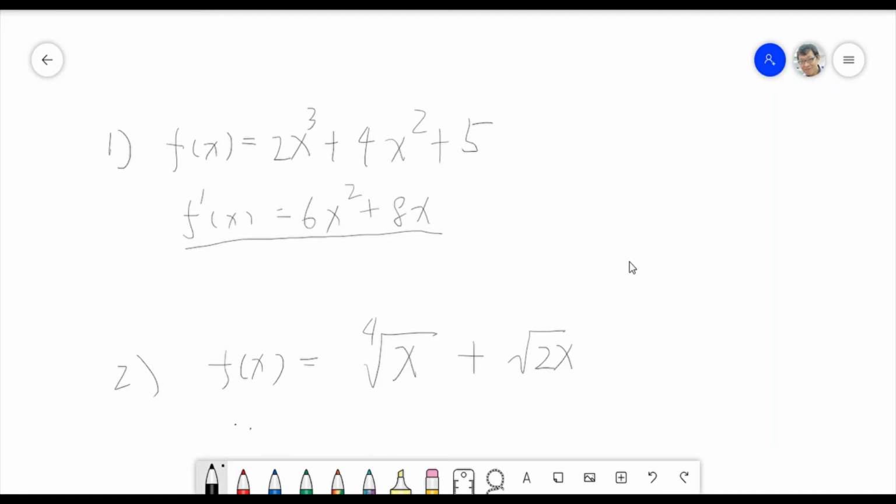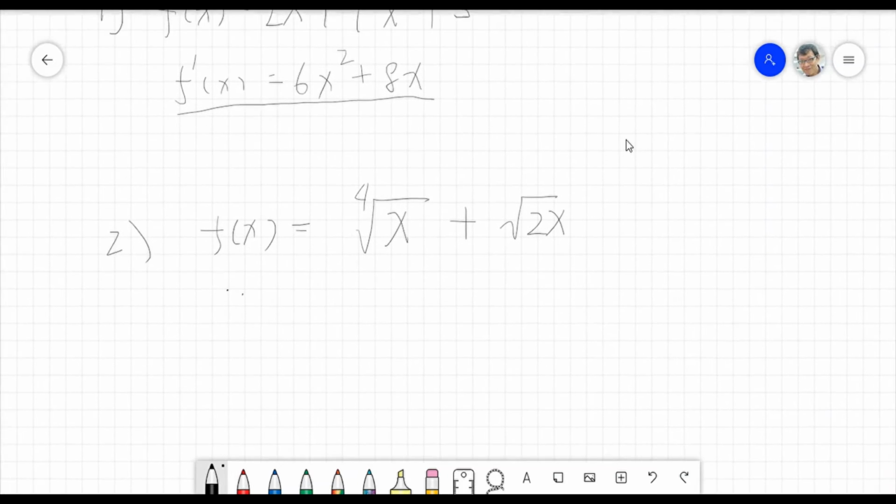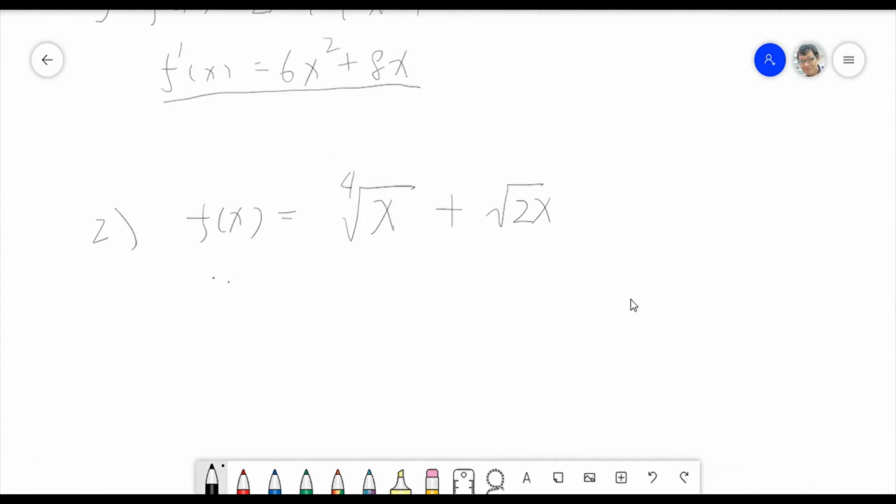Okay, so let's solve another one. This one will be different, right? You can see that it has a square root and a fourth root. In fact, it's the same way. So how do we do that? We first change the form to make it look easy. So this is x to the 1 over 4, right? Since it's plus, this can be separated.